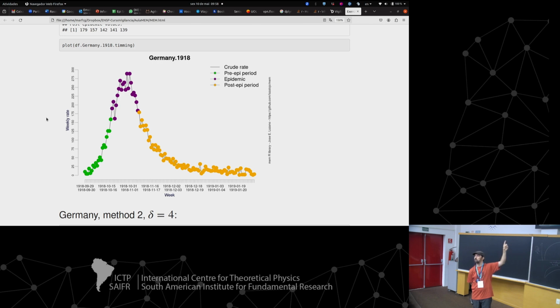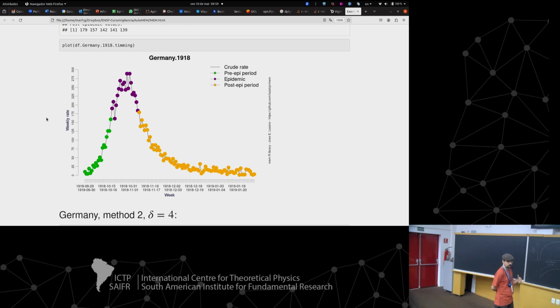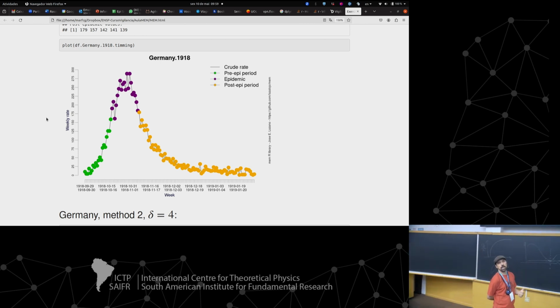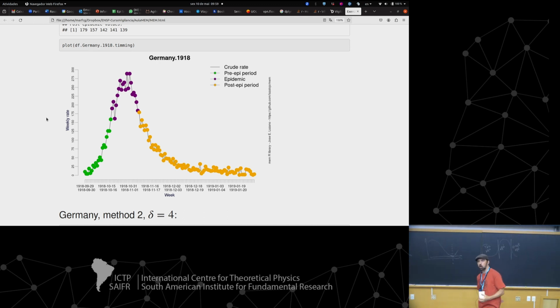This is still too narrow. So we should use a threshold that's even smaller than the suggested minimum value for this particular method. Okay? Just to emphasize what I have been saying since day one, your data matters a lot. There's no easy approach. Okay? There's no golden standard, unfortunately.